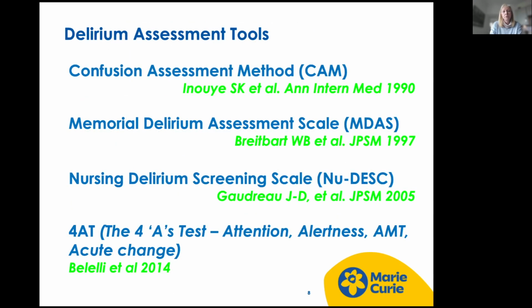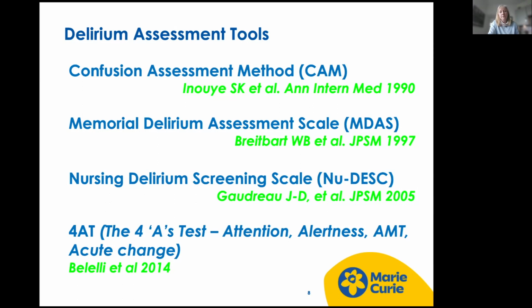So the assessment tools that have been put forward over the years are here: the Confusion Assessment Method, the Memorial Delirium Assessment Scale, which is more for research, really. The Nursing Delirium Screening Scale has been used in some significant research studies recently.